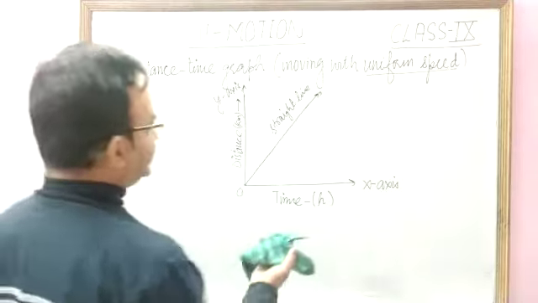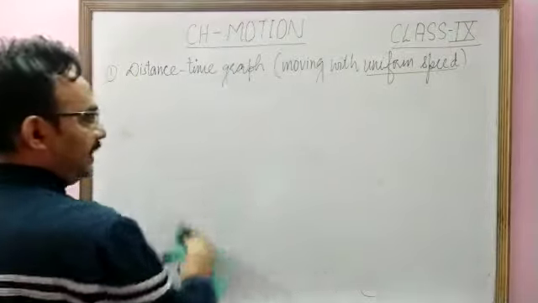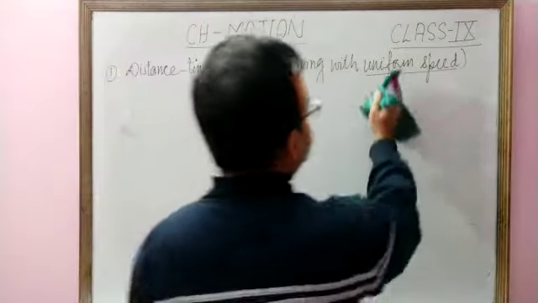Now the second case is here. Distance time graph when a body is moving with non-uniform speed.